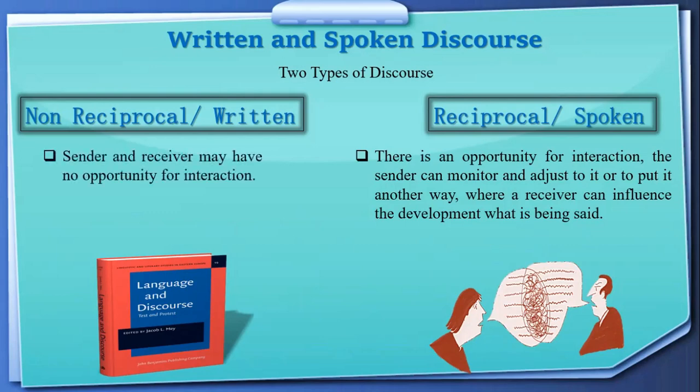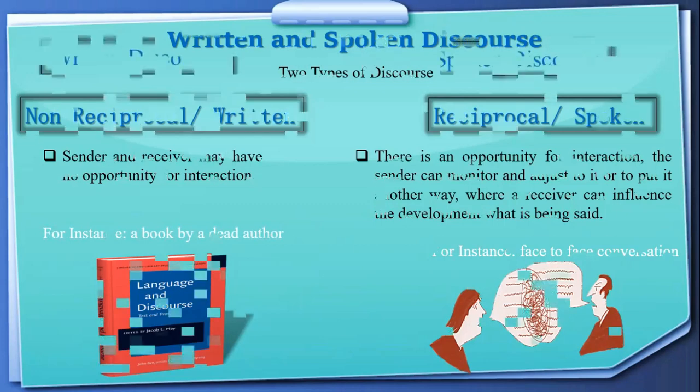When we talk about non-reciprocal or written discourse, sender and receiver may have no opportunity for interaction. So it is single-directional. For example, reciprocal spoken discourse is a face-to-face conversation. However, non-reciprocal or written discourse is, for instance, a book by a dead author. So these are certain differences between these two types of discourse.